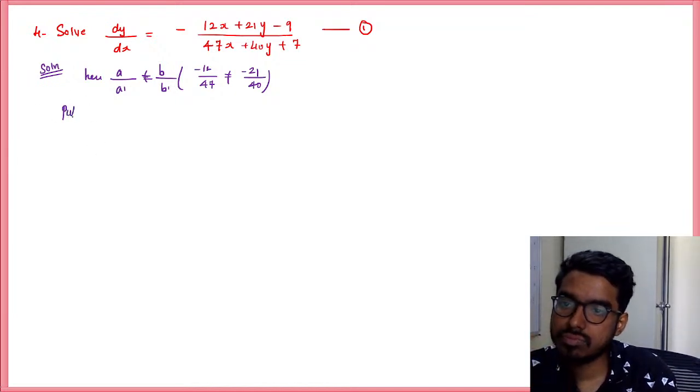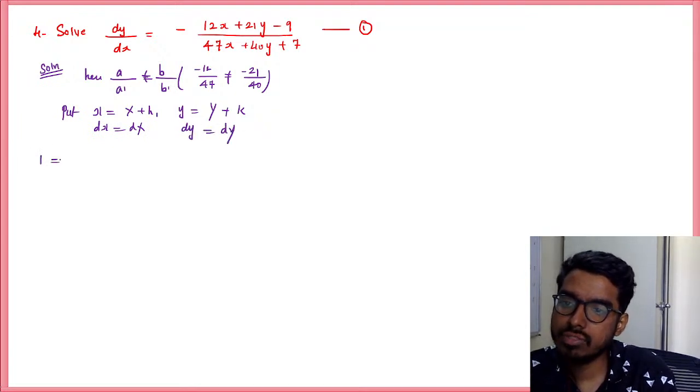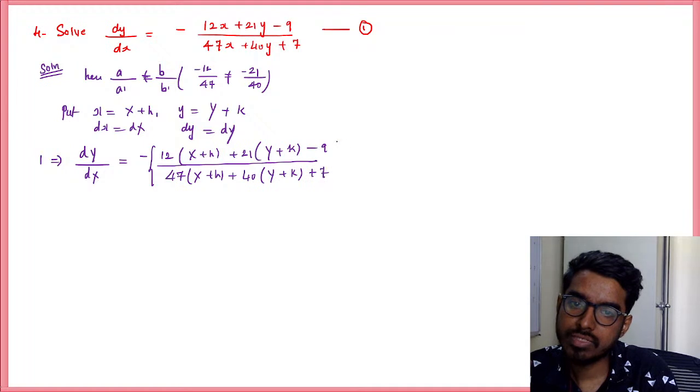So put small x equal to capital X plus h, small y equal to capital Y plus k. Therefore, dx will be capital dX, dy will be capital dY. So equation 1 becomes dy by dx is equal to minus of (12 times (X plus h) plus 21 times (Y plus k) minus 9) divided by (47 times (X plus h) plus 40 times (Y plus k) plus 7).